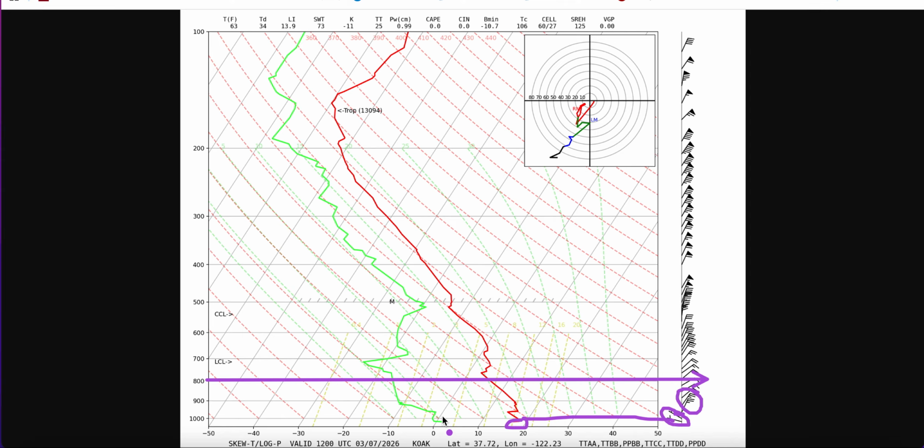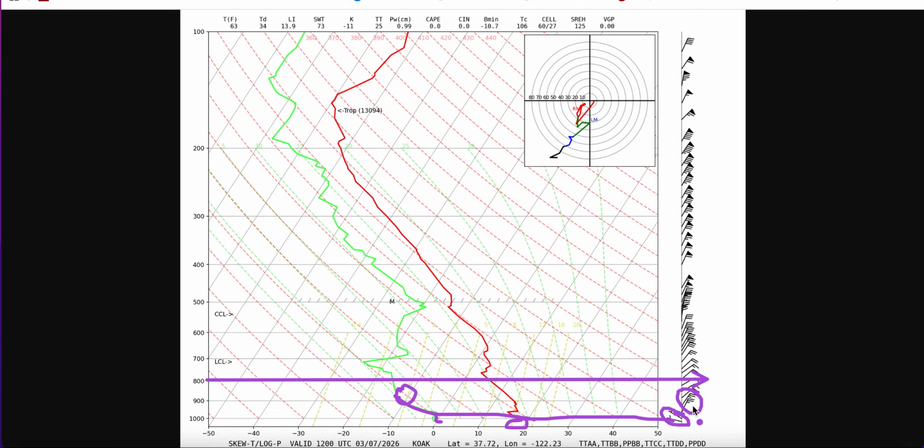It's relatively dry at the surface, but it's even drier as you get above that inversion layer. See, the dew point is in green. Look at how much lower the dew point is over here, in that area where you have even stronger winds, because this is at Oakland at 4 a.m.